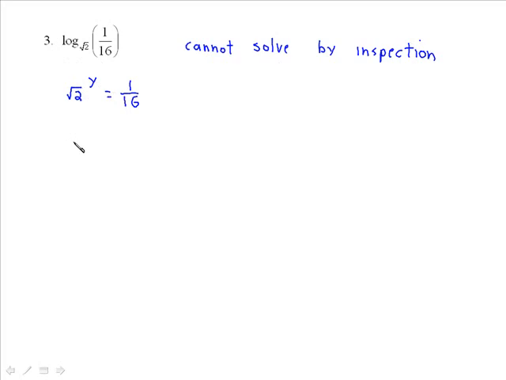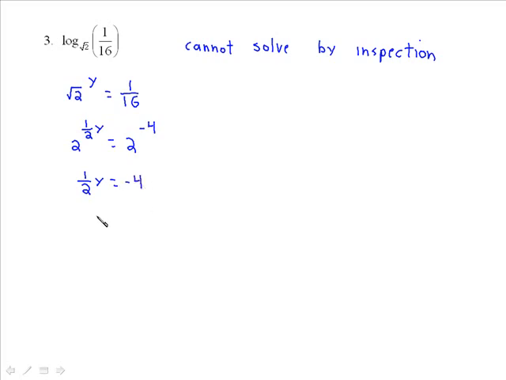This one's maybe not as straightforward, though. You can, however, break it down to a base of 2. And this becomes 2 to the 1/2 y is equal to 2 to the negative 4. So 1 over 16 is 2 to the negative 4. Drop the bases, and you get 1/2 y is equal to negative 4.